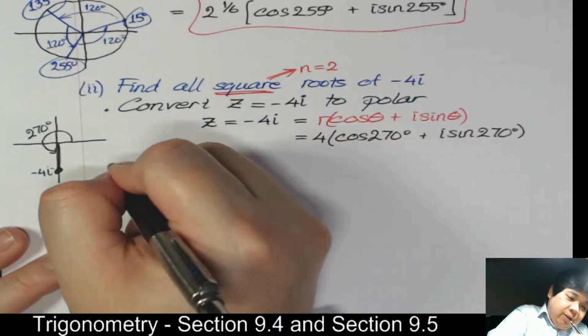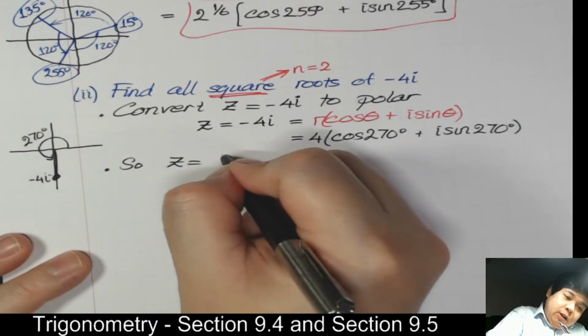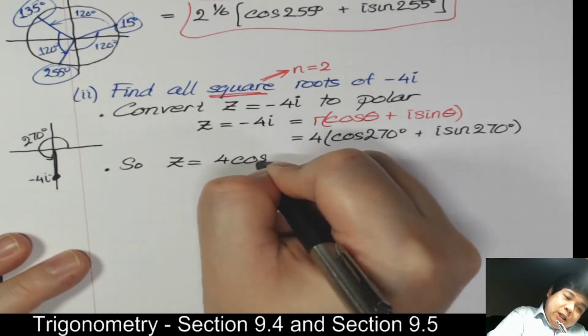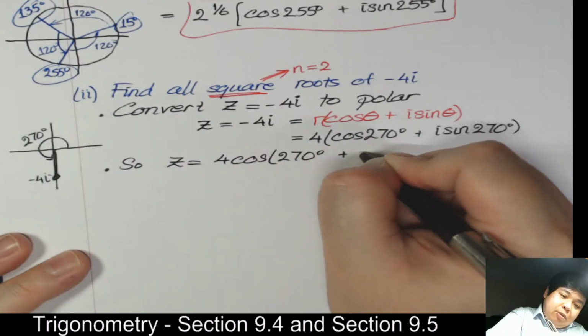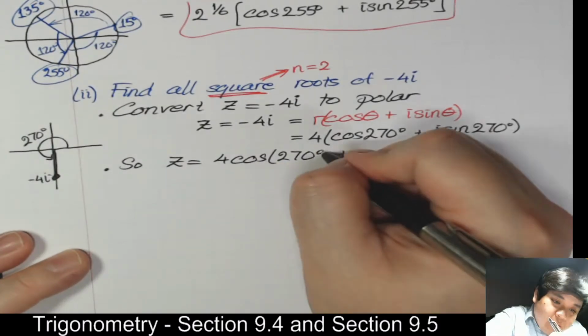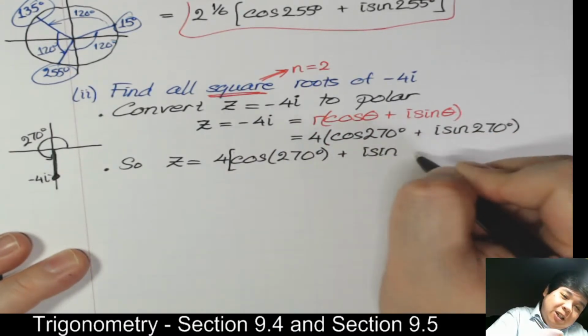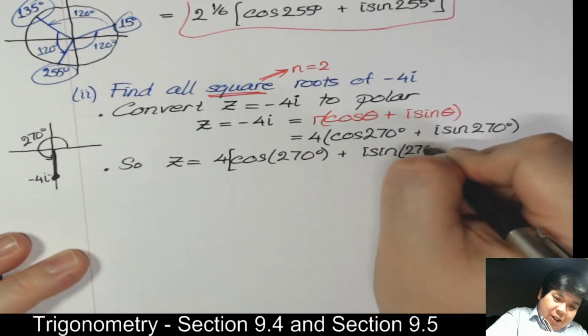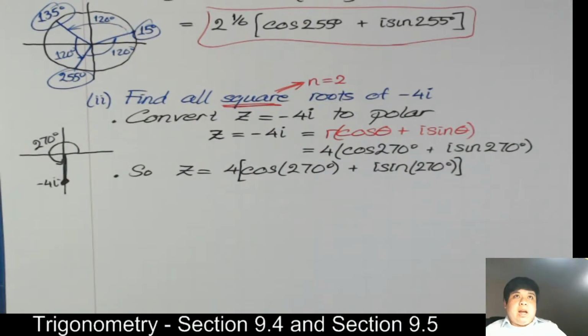So we have 4 cosine 270 degrees plus i sine 270 degrees. That's the first step, writing the number in polar form.